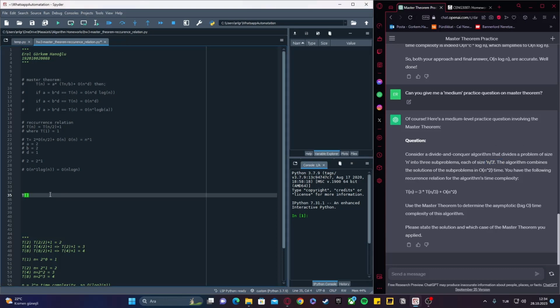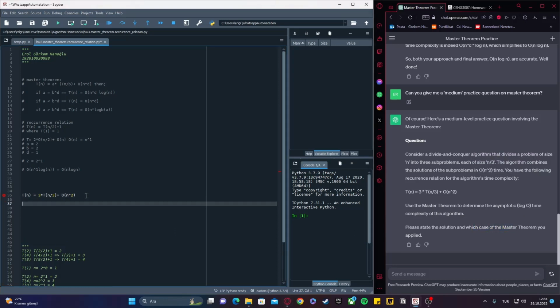Okay, T(n) equals 3T(n/3) plus n to the power 2 time for combining the subproblems. Use the master theorem to determine the asymptotic big O time complexity of this algorithm.